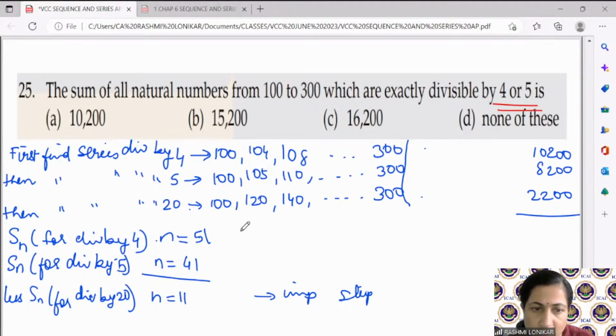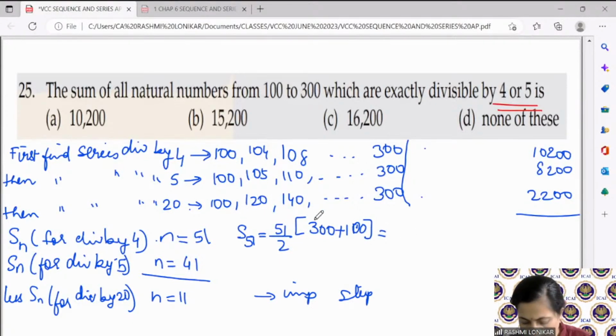So Sn, S of 51 is equal to 51 upon 2 into 300 plus 100. This is 400 divided by 2, that is 200, into 51, which is 10200.